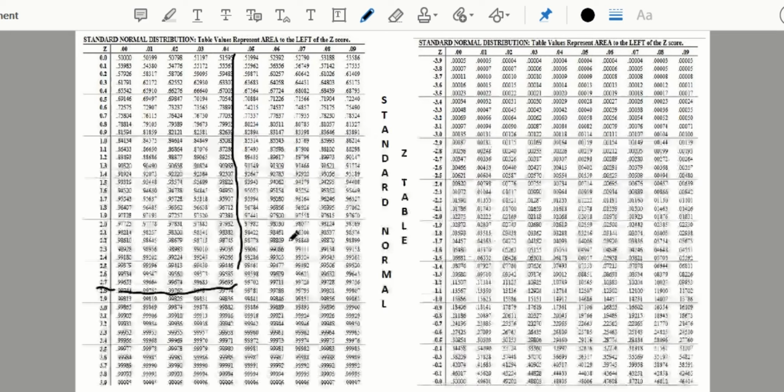And the other one is 1.05. Again, it's also positive, so let's look here, and then 5 is here. So we have here 0.85314.